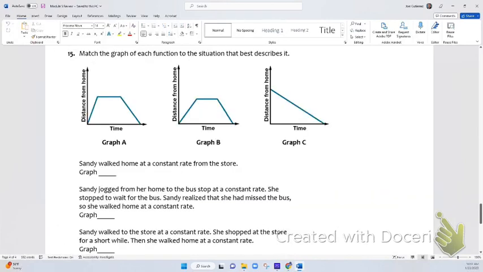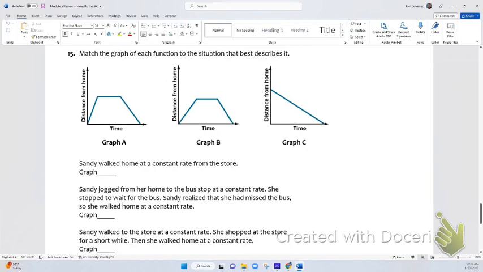Alright, for number 15, there's 3 parts. There's 3 graphs, there's 3 scenarios. You just simply have to match each scenario, right? So let's start with the first one. Sandy walked home at a constant rate from the store. Okay?